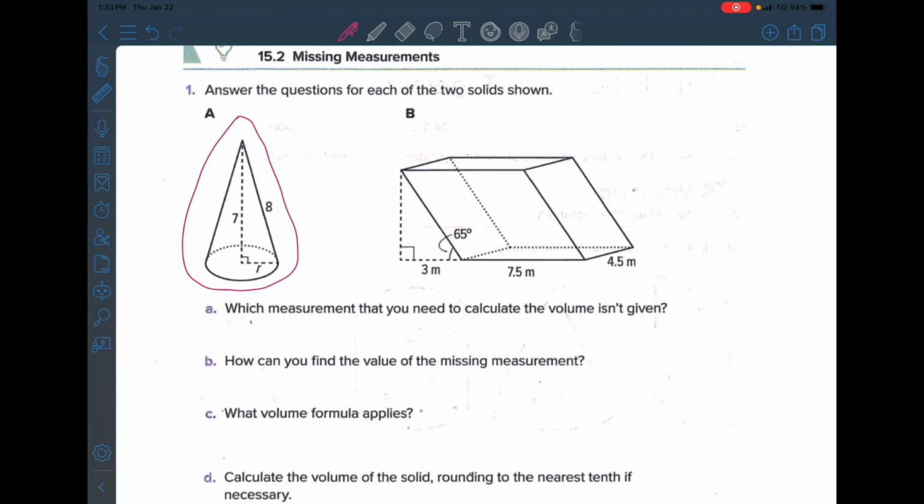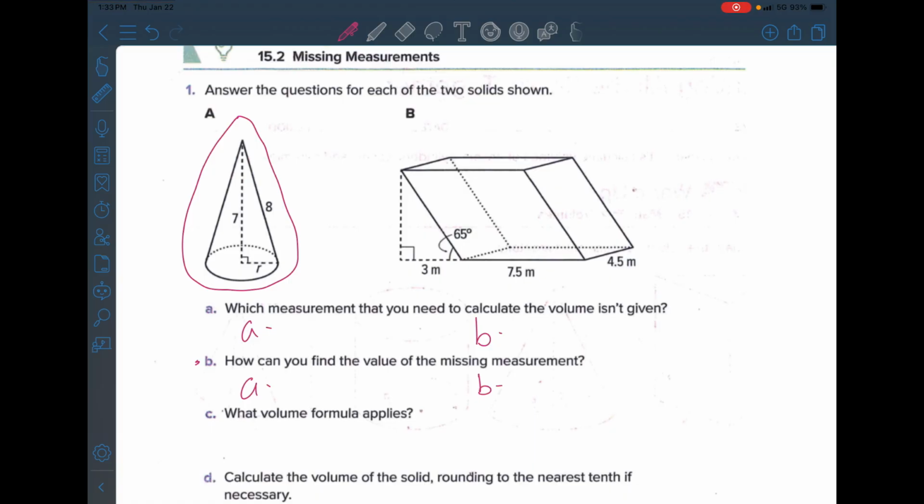You'd put A is, and then B, which measurement do we need that we don't have? Which one is it? Okay, so on B, we say, how can you find the value of the missing measurement? So tell me, how can I find that measurement that I need on A? How can I find that measurement that I need on B?